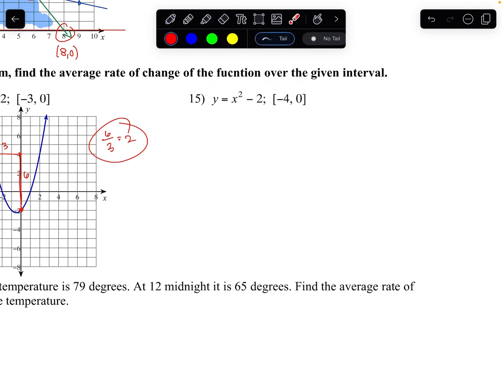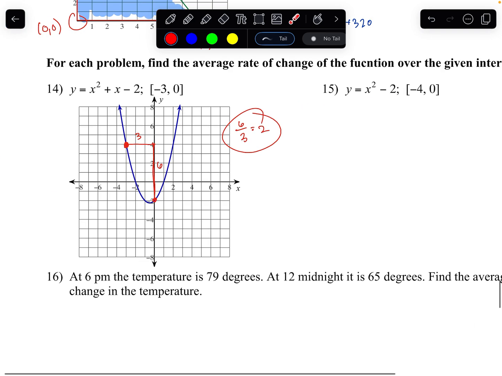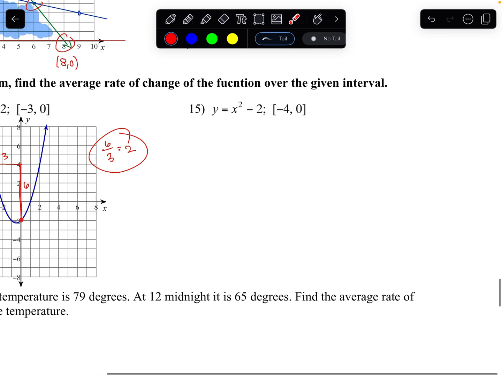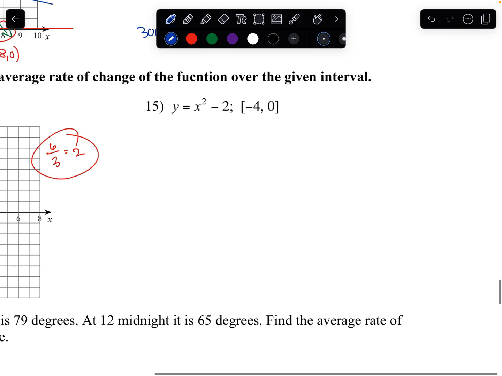Okay. For this one, we don't have a graph, so we are going to use the formula this time. Before, we found the y values by looking at where the x values are on the graph. But this time we actually need to plug in these values right here to find the y value. So let's start with 0.